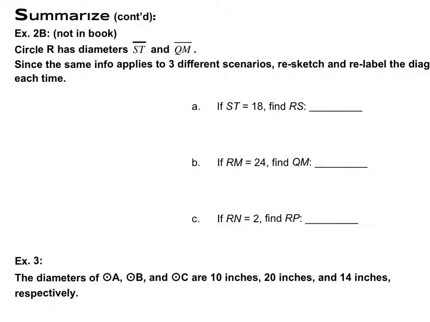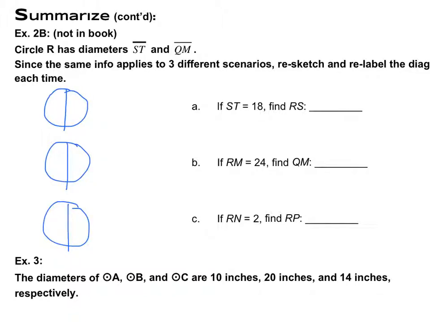So continuing with examples just like the one before, again this one is not in your book, but we want to start by sketching a new circle for each letter part to this example, just like example 2. This time we have a few other pieces to the picture here, but we still have this vertical diagonal in each one, so let's sketch that one first.